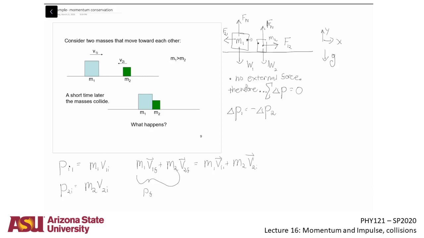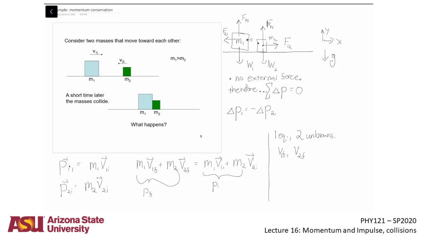Now I'm just making sure that everything that needs to have a vector has a vector. And this is the initial momentum. You'll notice in this equation, I haven't actually solved the problem. Why? I have one equation and two unknowns. Right? I don't know V1 final, and I don't know V2 final.